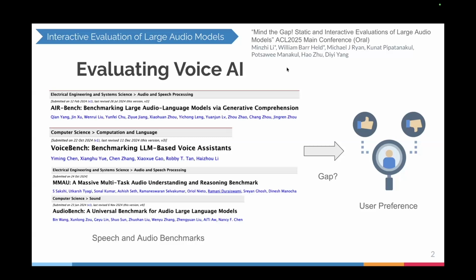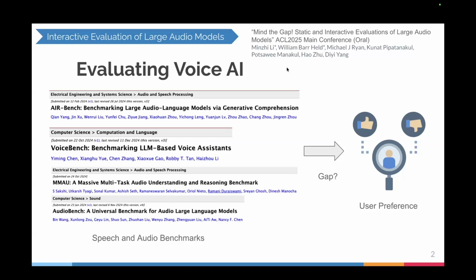However, while we've seen growing interest in evaluating large audio models nowadays, it's still unclear whether current benchmarks, especially static ones, truly reflect how users perceive model quality. The question is central to social intelligence AI because a model's effectiveness ultimately depends not only on task accuracy, but also on whether users find its response appropriate, natural, or aligned with their actual needs.